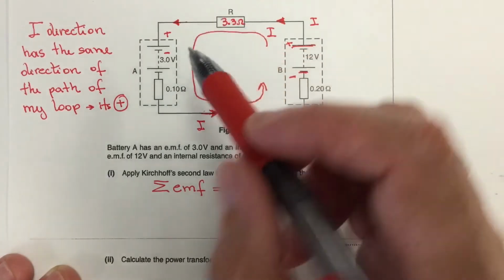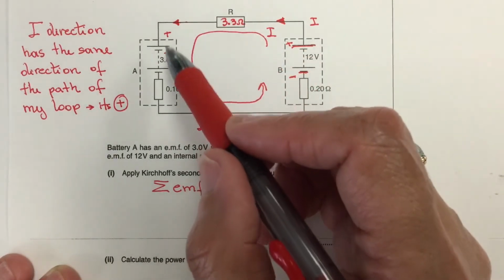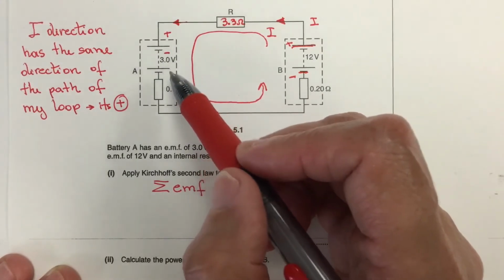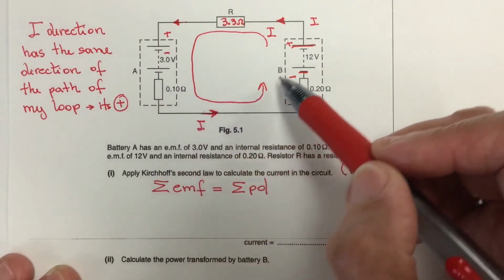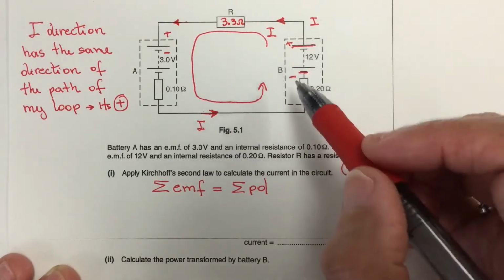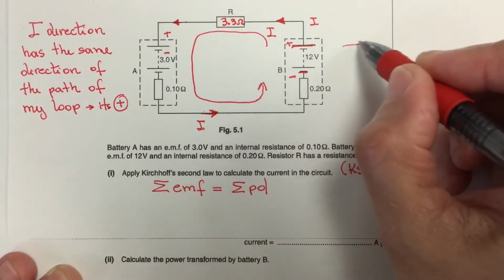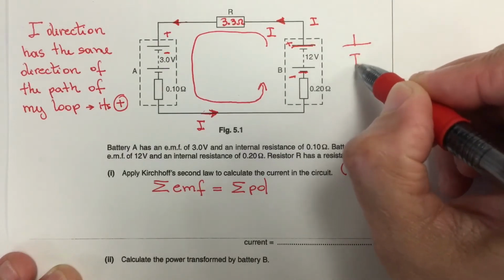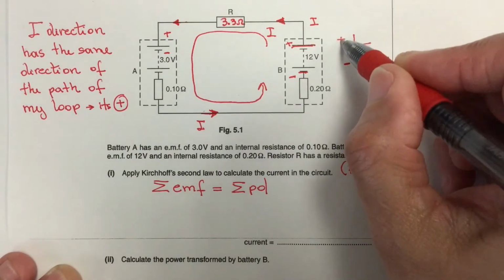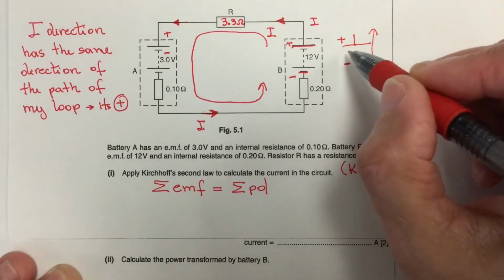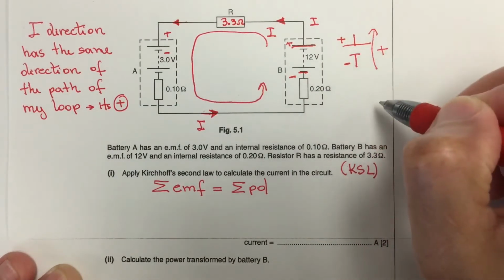Following my loop, positive, negative, so that is my negative battery, and this one will be my positive battery because it's going from negative to positive. So when a battery goes from negative to positive in the direction of my loop, this EMF is positive.